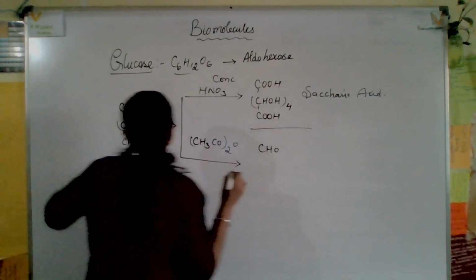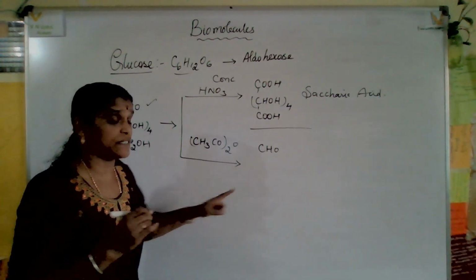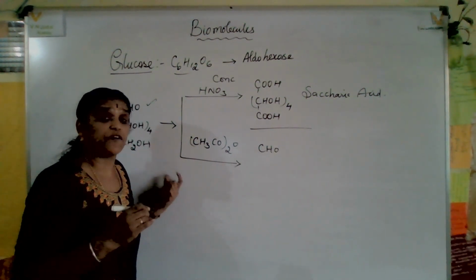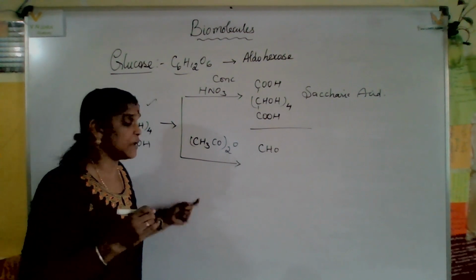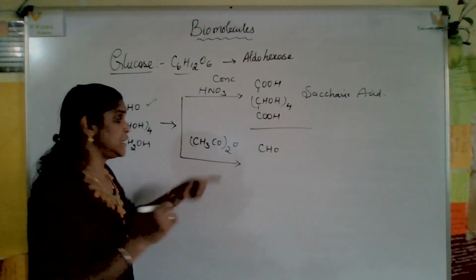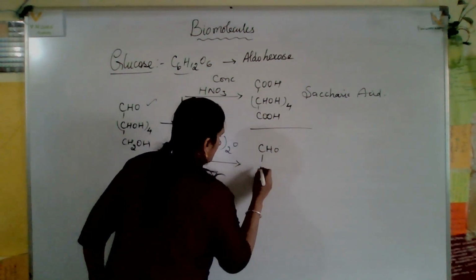The CHO aldehyde group will be the same as it is. We are proving that only 5 hydroxyl groups are available. So on removal of hydrogen, the acetate is attached there.